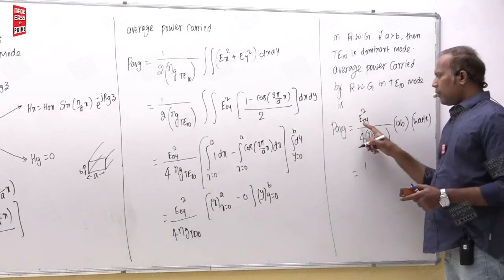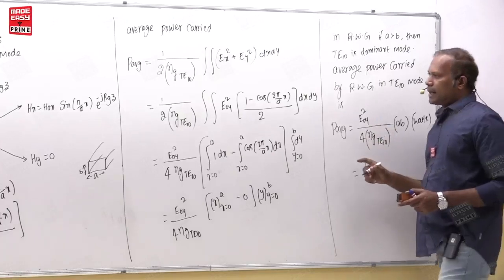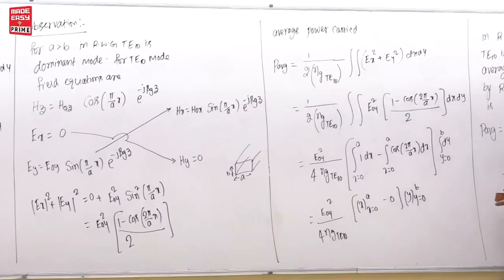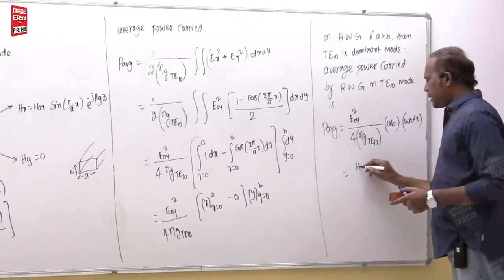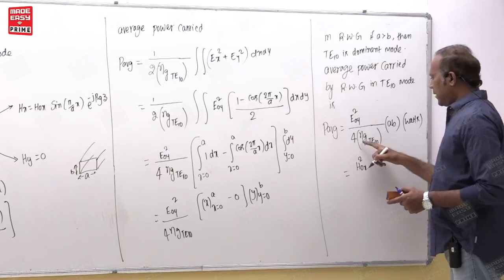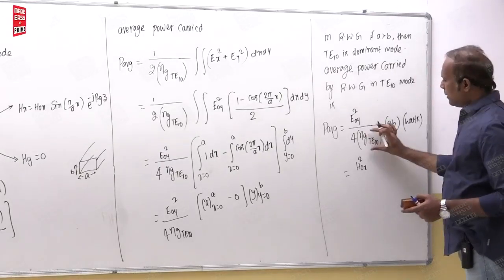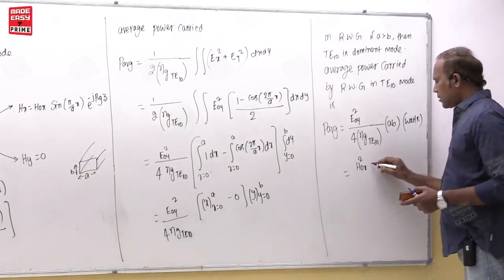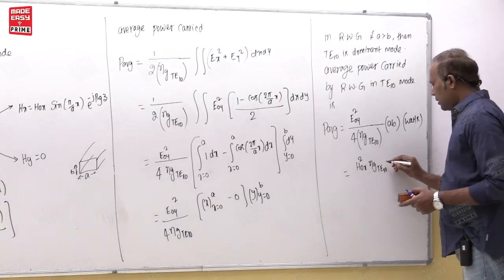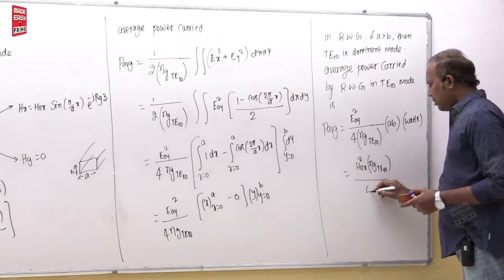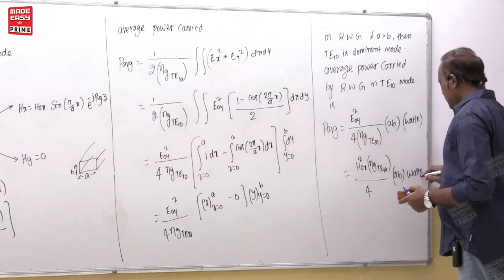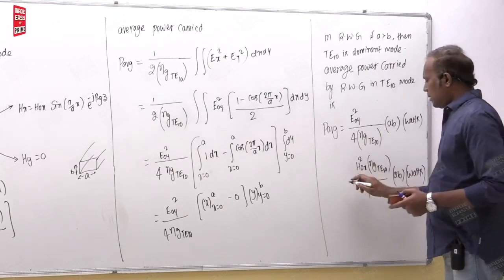That is equal to, the electric field Y component is there, or otherwise the magnetic field X component. If the magnetic field component H0x is given in the examination, then squared, this impedance will be beside it. So you get eta_g TE10 mode times H0x squared divided by 4, times a into b, in watts.